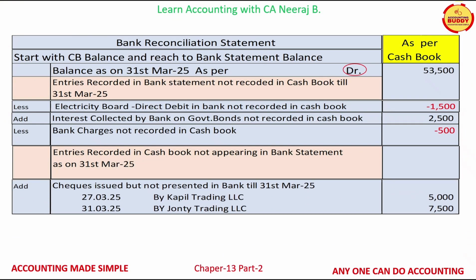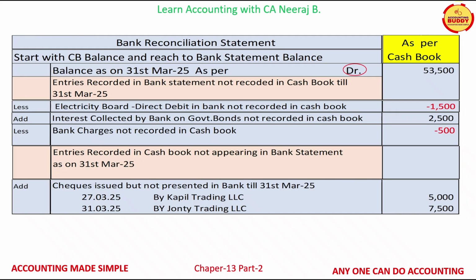The two checks amounting to $5,000 and $7,500 issued to the supplier have reduced the cash book balance. However, they are not presented to the bank till March 25 for payment, and as a result the bank balance is not reduced by the amount of these two checks. Therefore, these two checks will be added to the cash book balance.